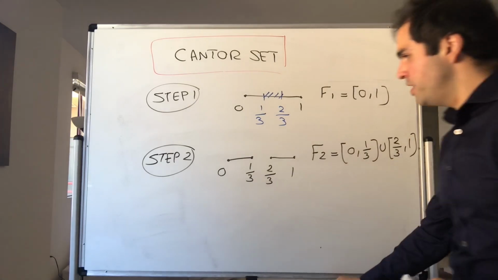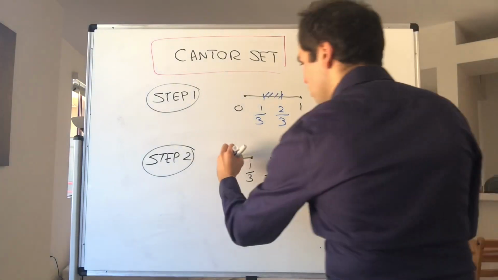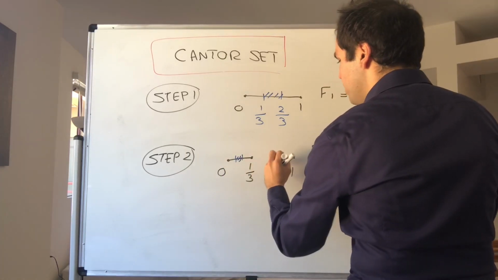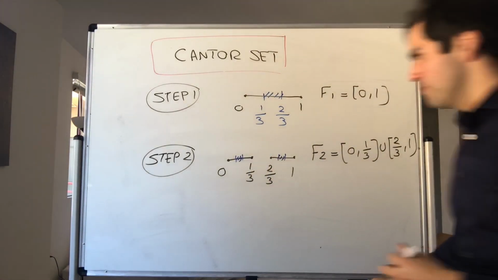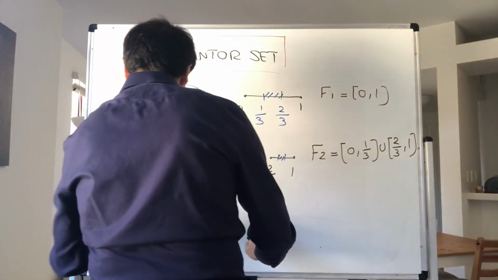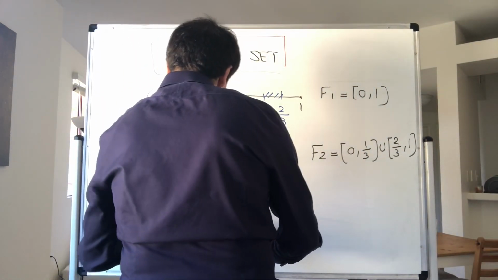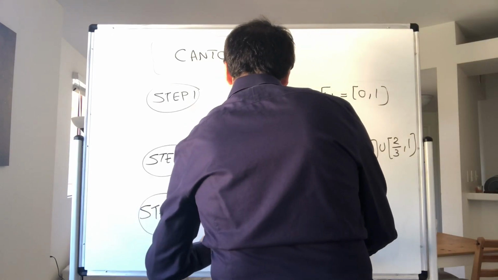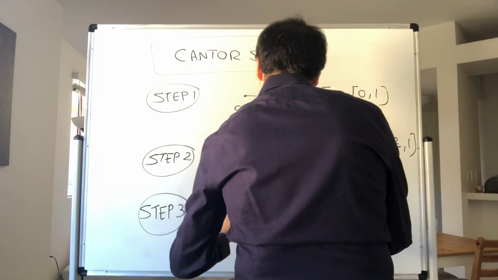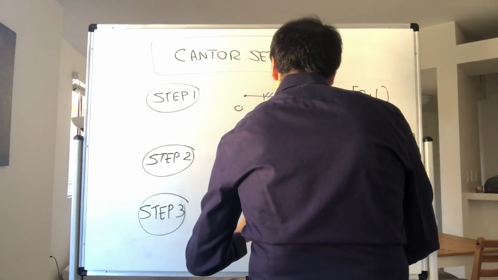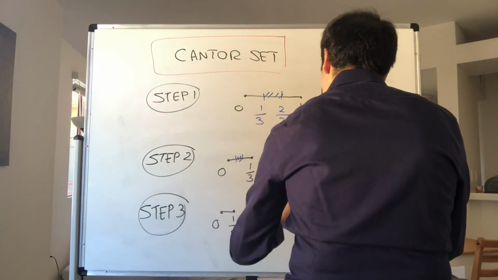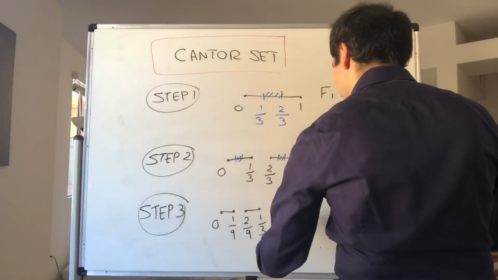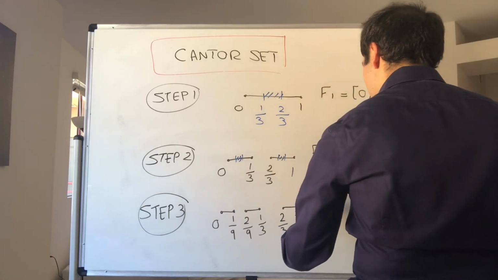And then you just continue. Each subpiece, divide them up into 3 pieces, and just remove the middle third of each subpiece. So step 3, you get, I think, [0, 1/9], [2/9, 1/3], and then I believe [2/3, 7/9], which is 6/9 and 7/9, and [8/9, 1].